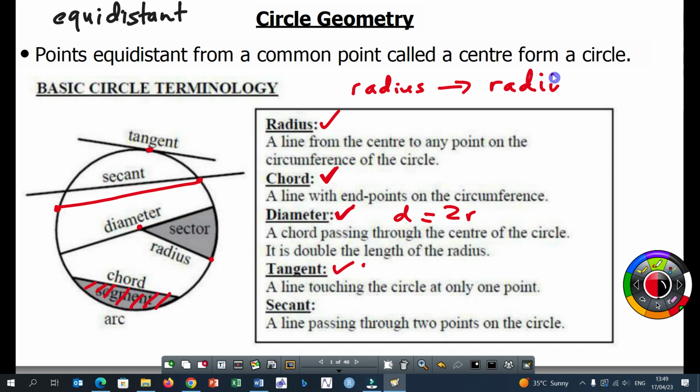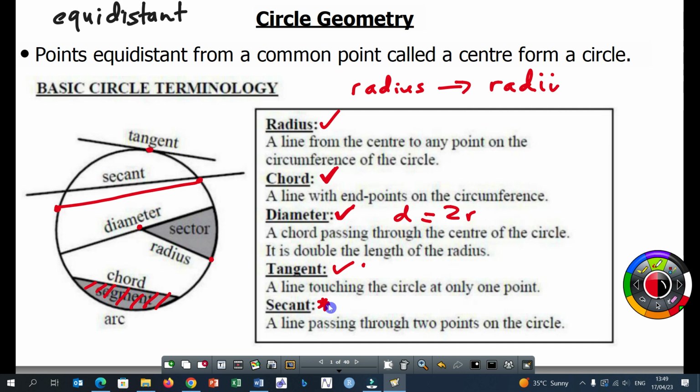Now, if you draw a straight line which passes through the circumference of the circle and goes beyond the circumference, we call it a secant. This one is not very important, so I'm not going to worry much about it. What lines are more important? They are the radius, a chord, a diameter, and a tangent. Those 4 are very, very important.